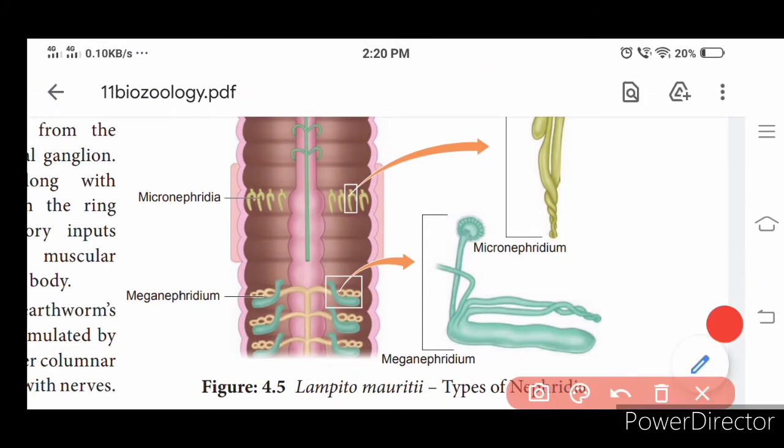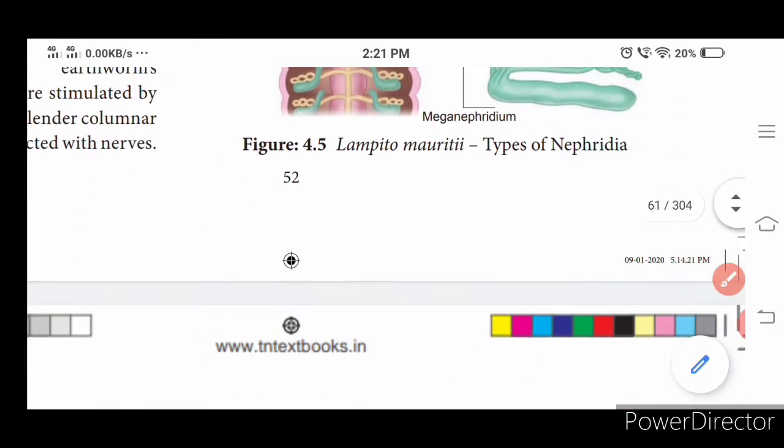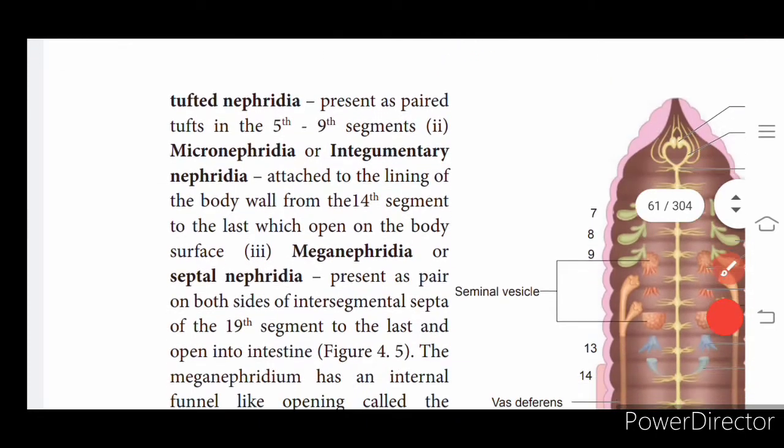The structure of meganephridia is important from the examination point of view because it has structural variations inside the single unit. In this meganephridium, you can see the upper part which is ciliated, then the excretory material passes through this.